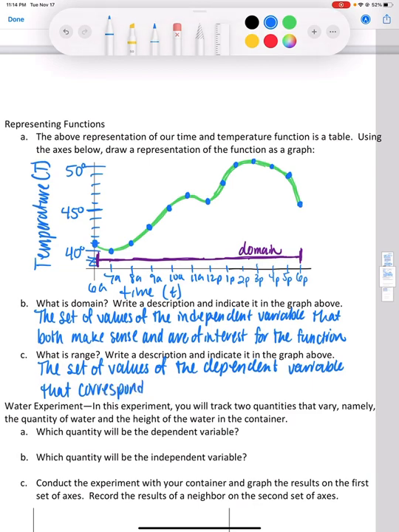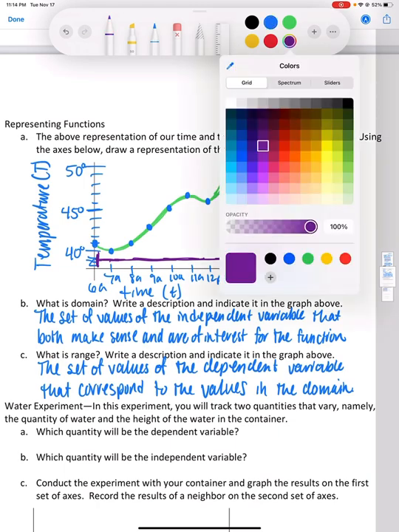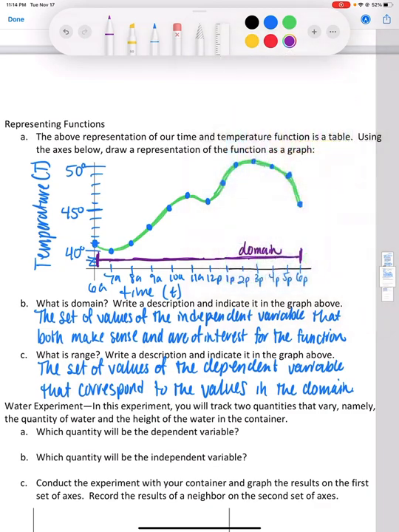So I'm going to sketch that out in purple as well.